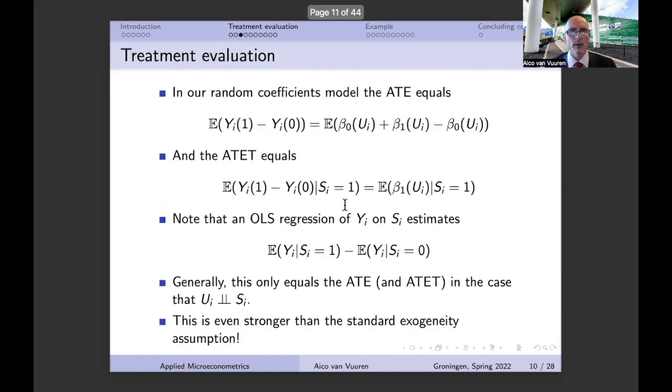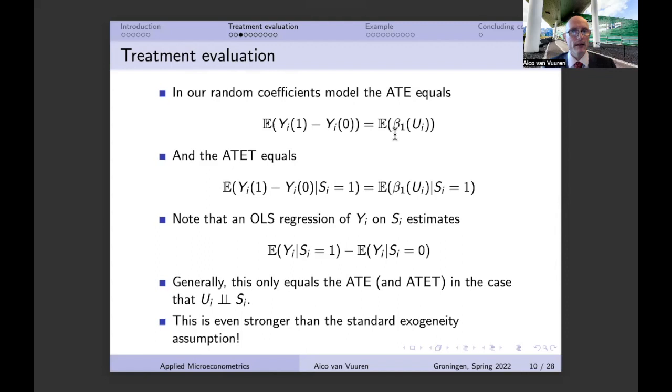So when we look at the average treatment effect, we get the mean difference between these two things. yi1 is beta 0 ui plus beta 1 ui, and yi0 is simply beta 0 ui. The beta 0 ui's cancel each other, and in the end I get the mean of beta 1 ui.